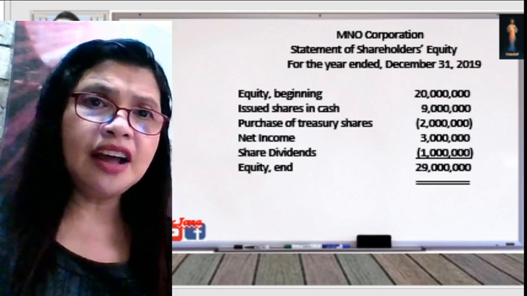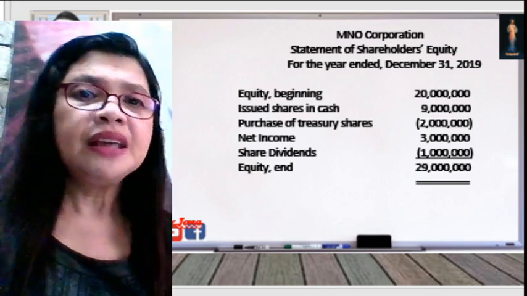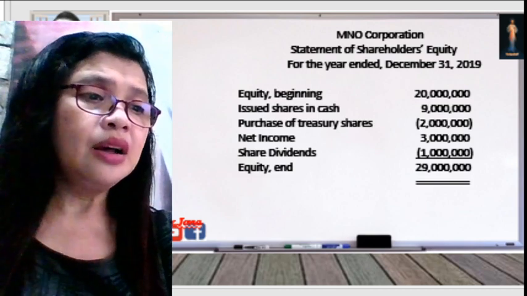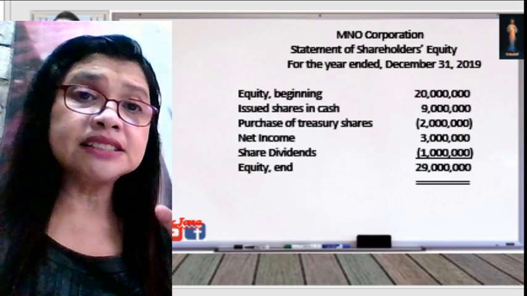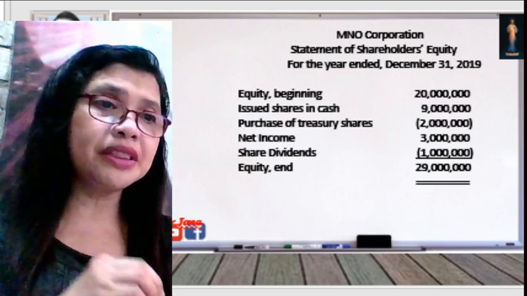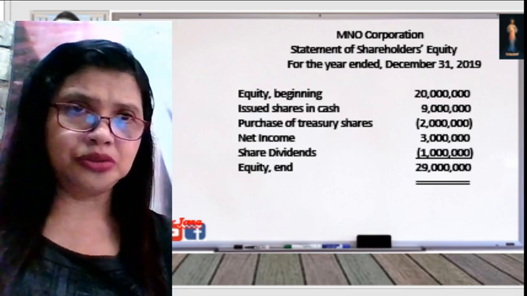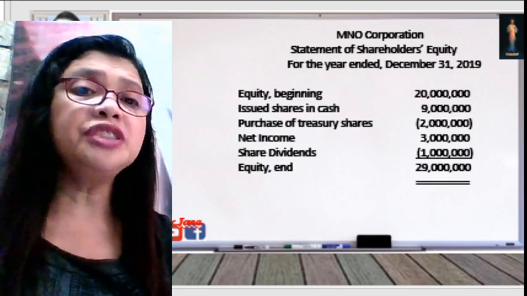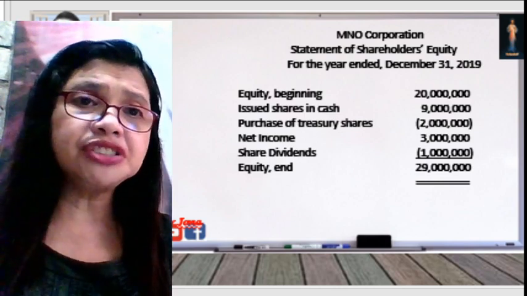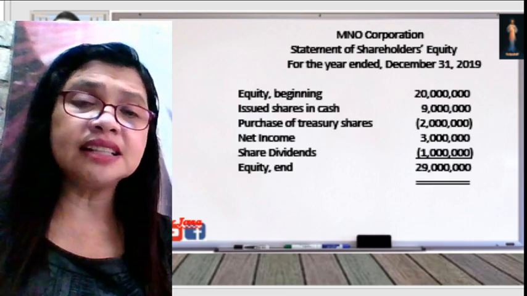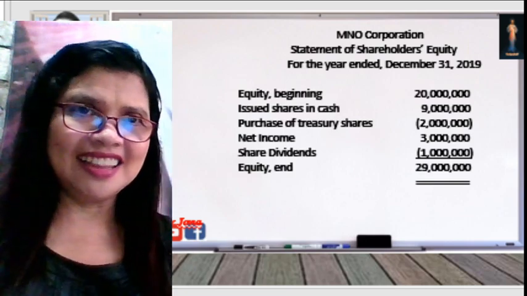Then we have the treasury shares or the treasury stock. What do you mean by treasury stock? Well, treasury stock means the stocks owned by the corporation, which they issued outside, sold to the public, and now they are going to buy them back. So what is it again? It is the corporation's own stock that it has issued, and later on reacquired.